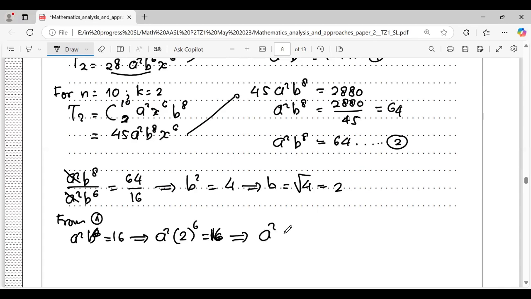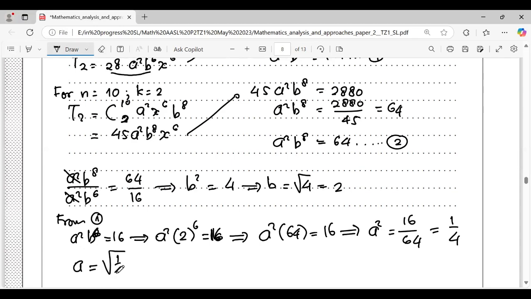So a squared times 64 equals 16. A squared equals 16 divided by 64, and it is 1/4. So a equals square root of 1/4, so it is 1/2. So a equals 1/2 and b equals 2.